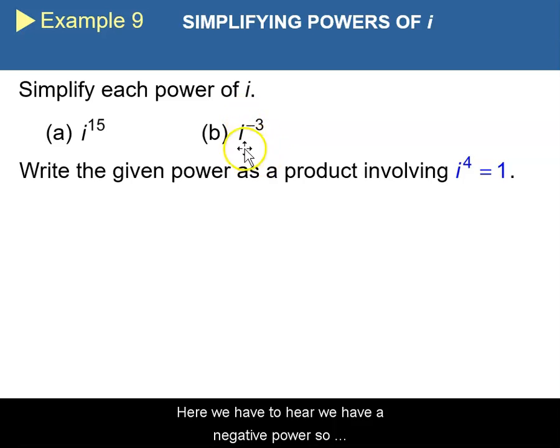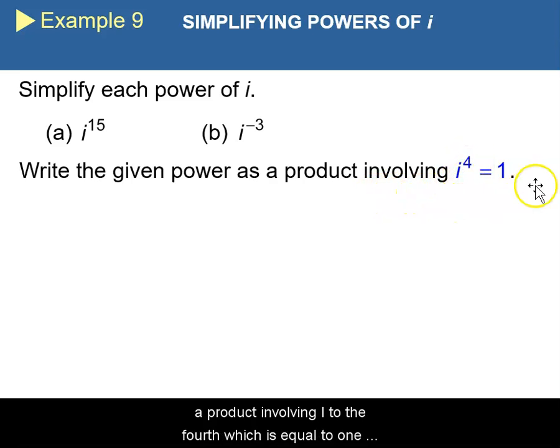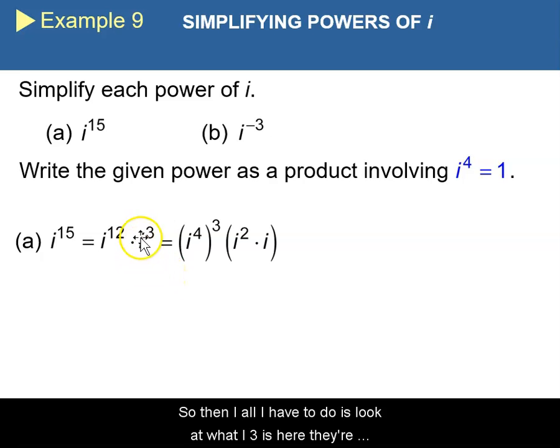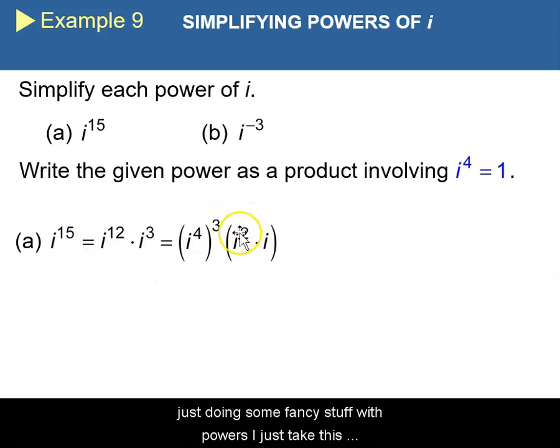So here we have a negative power, so that's a little bit different. We write the given power as a product involving i to the 4th, which is equal to 1, and then we look at the remainder. So i to the 15th is the same as i to the 12th with the remainder of 3, right? So then all I have to do is look at what i cubed is. Here they're just doing some fancy stuff with powers.